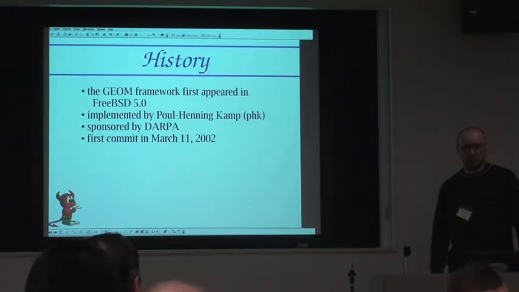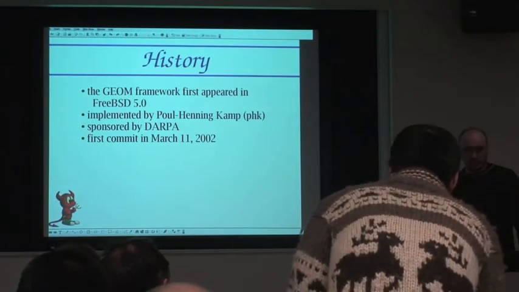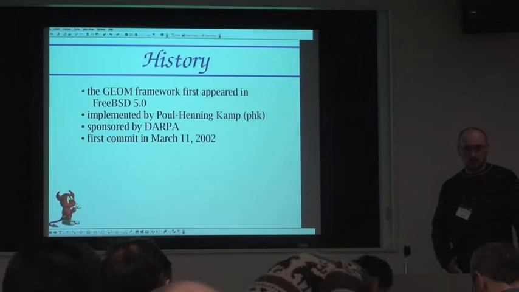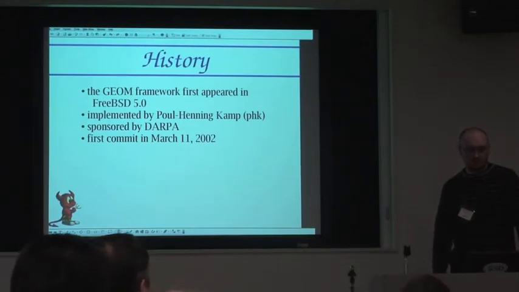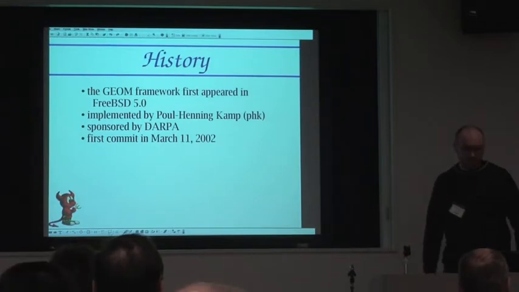GEOM is basically a framework which handles all the storage we have: all the disks, all the ATA devices, all the partitions, mirror providers and stuff like that. GEOM was implemented by Poul-Henning Kamp, sponsored by DARPA, and came as an infrastructure for GBDE. This is what Poul-Henning Kamp was sponsored for.